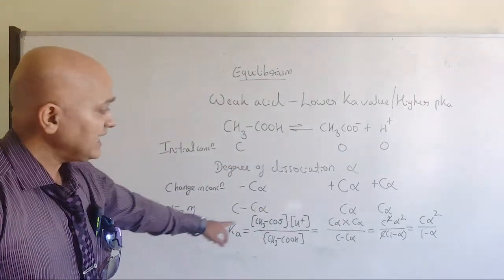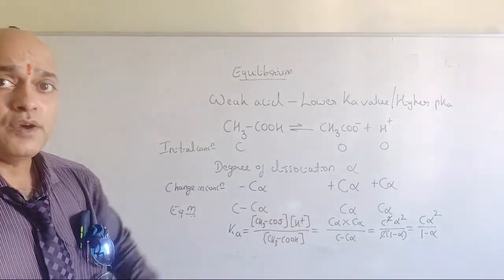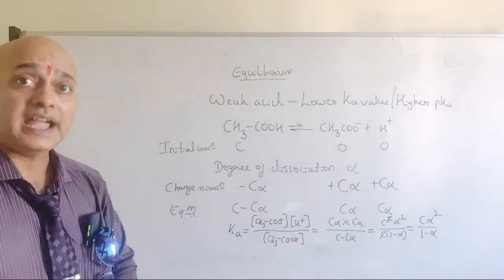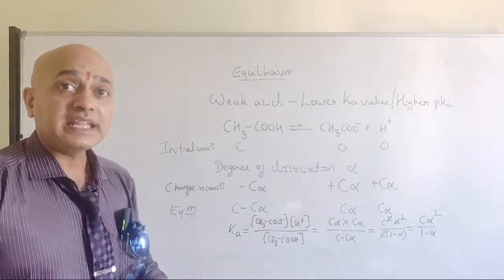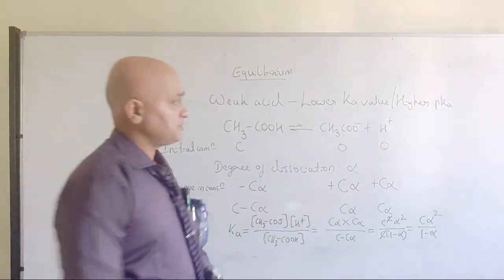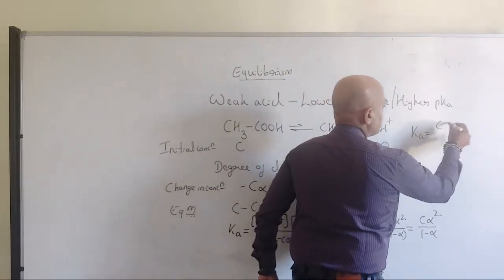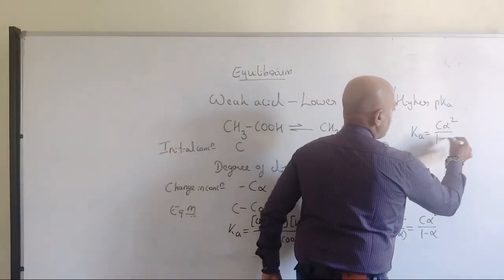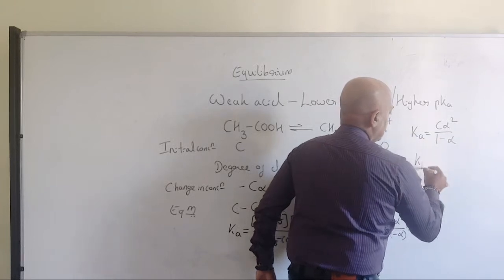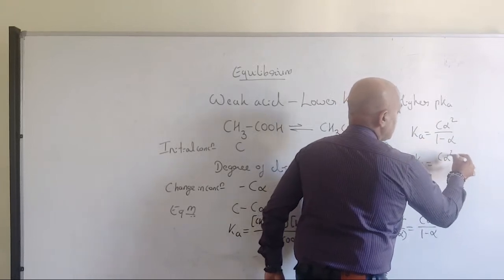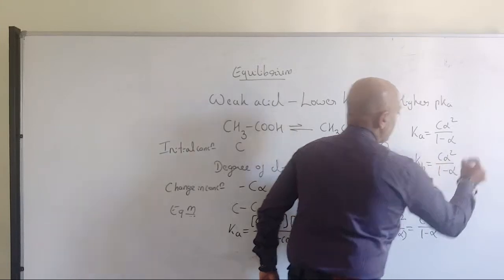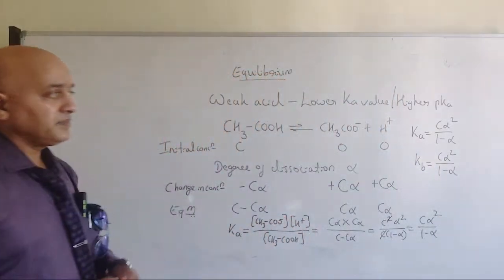So Ka is equal to C alpha square over 1 minus alpha, and the same thing is applicable for a weak base also. So Ka is equal to C alpha square over 1 minus alpha, and even Kb is equal to C alpha square over 1 minus alpha.